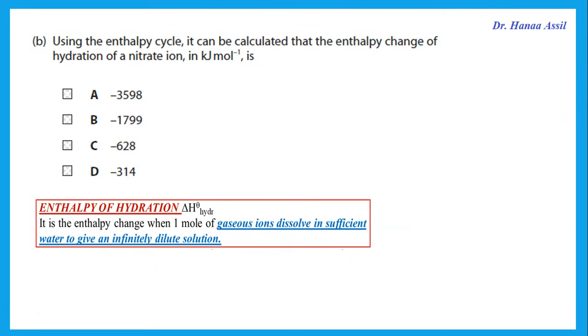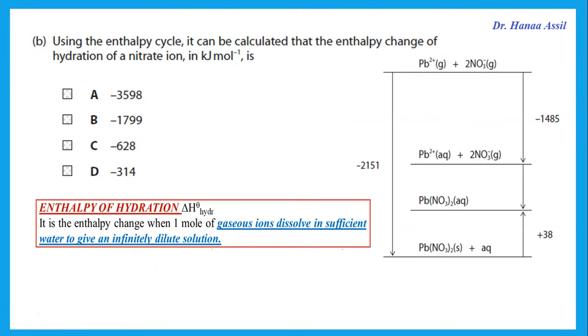Using the enthalpy cycle given, calculate the enthalpy change of hydration. Again, what is the enthalpy change of hydration? It is the enthalpy change when 1 mole of gaseous ions dissolve in sufficient water to give an infinitely dilute solution. So where is this?